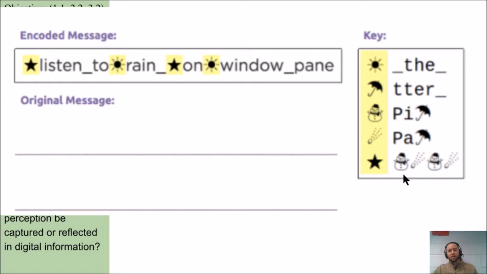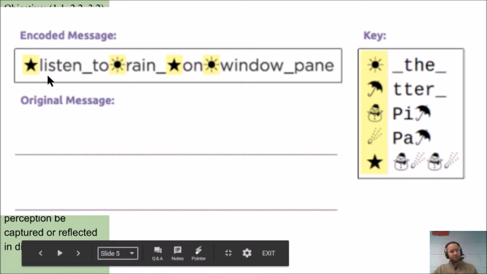So if you take what the snowman means, which going up here, snowman means P-I plus the umbrella. So, okay, the umbrella is the word T-T-E-R space. So P-I-T-T-E-R, pitter. So the snowman is pitter, and then the snow falling is P-A umbrella. So that's T-T-E-R again, so patter. So this is pitter, patter, pitter, patter. That is the beginning here.